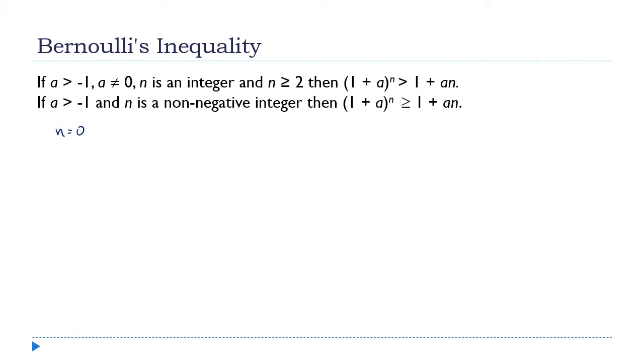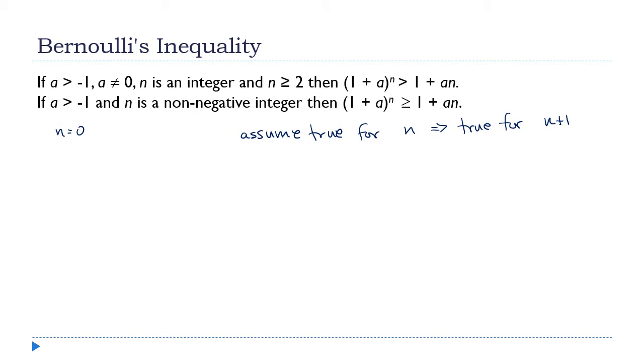Okay, then here's the induction part. I'm going to assume it's true for n and show that it's true for n plus 1. And if I can do that, then I know that it's true for every integer value of n, right?